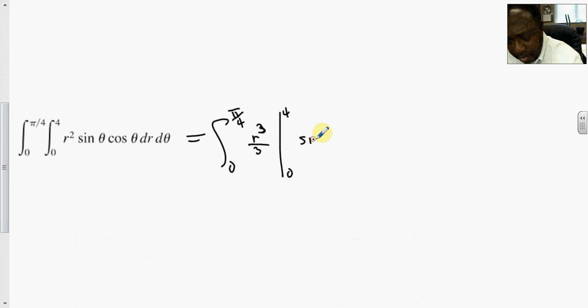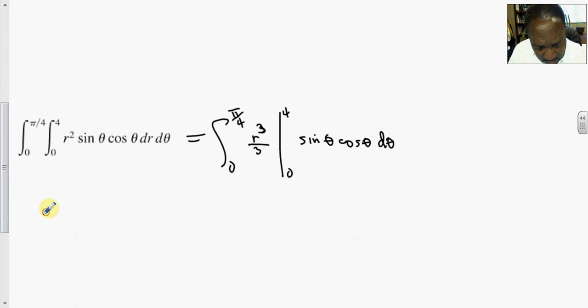And then we have here sine theta cosine theta d theta. So we evaluate the r at 4, and so that gives us 4 to the third divided by 3 times the integral from 0 to pi over 4.